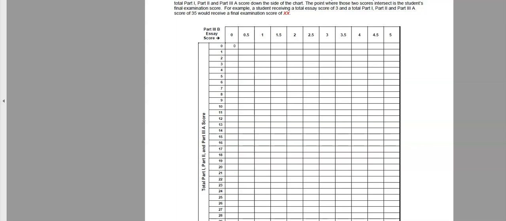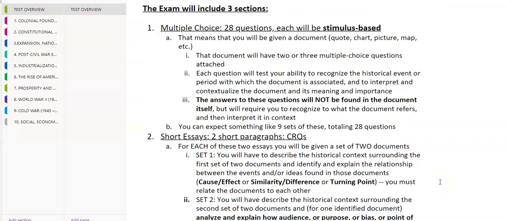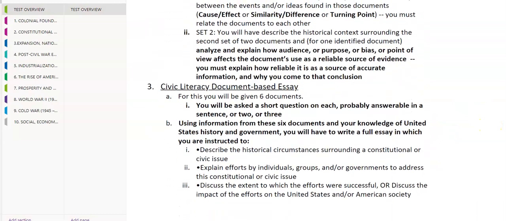What's the message you should take away? Everything counts. That's the message to get. Everything counts. So you should do your absolute best to hit each item. If you miss a part of this essay, if you don't bother to describe the circumstances, or you talk about the circumstances, you talk about the people involved, but you don't tell me how successful they were, you don't make some kind of a case there, I can't give you full credit.